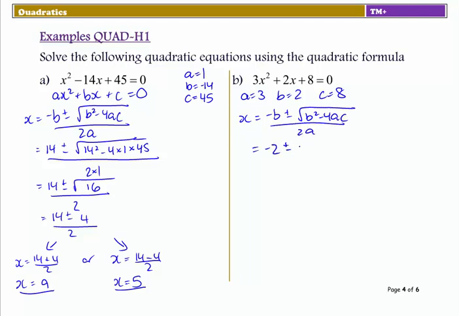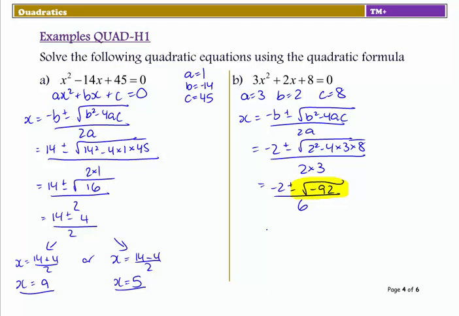Negative 2 plus or minus the square root of 2 squared minus 4 times 3 times 8 all over 2 times 3. 2 squared is 4 minus 4 times 3 times 8, and I get negative 92 all over 6. Now I have a negative square root, which you can't do. So therefore there are no solutions.